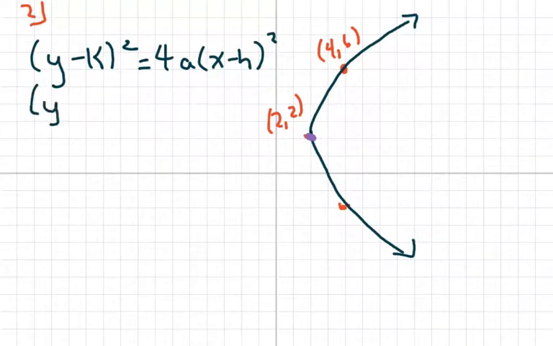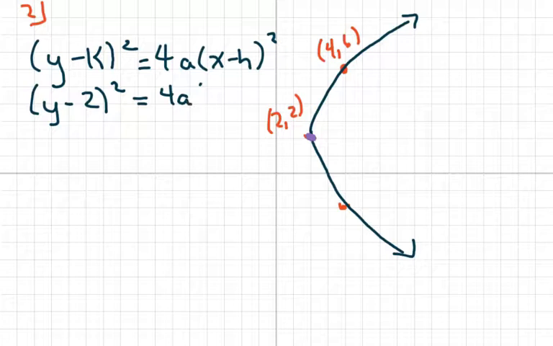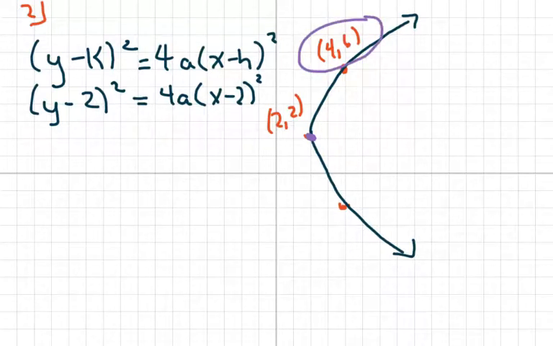I have y minus 2 squared equals 4a times x minus 2. And then all I'm going to do now is plug in my point that is on the curve, my x, y. My y is 6, and I'm going to solve for a.